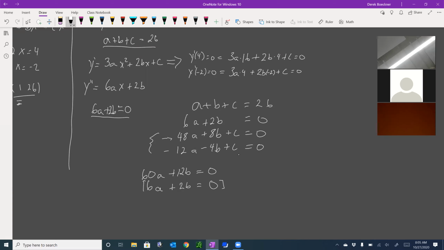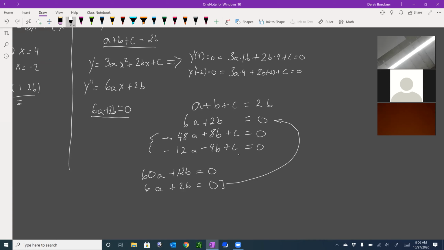This is no good information, so that doesn't help. Because if I solve this, I get 0, 0, which probably is a solution. That should just be a 6, but this is from that one right there.